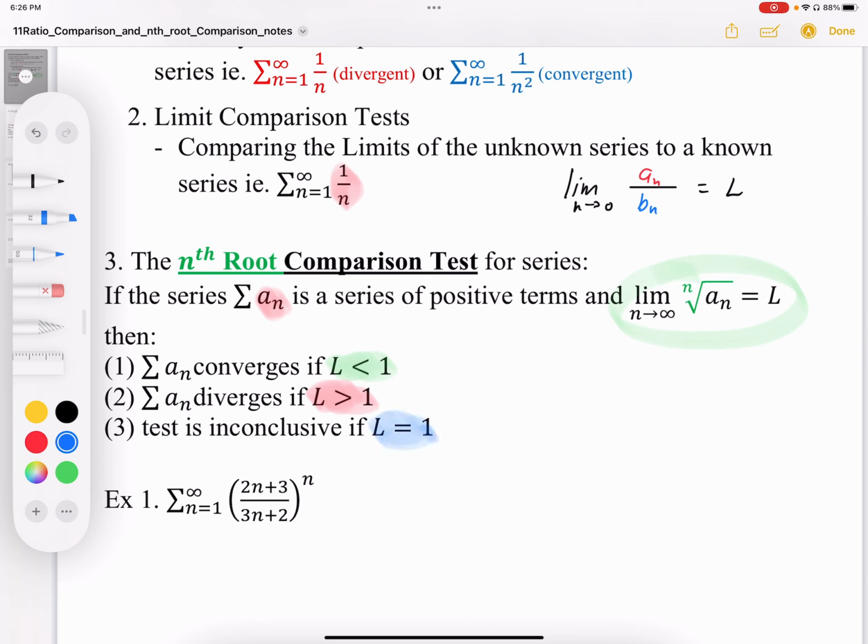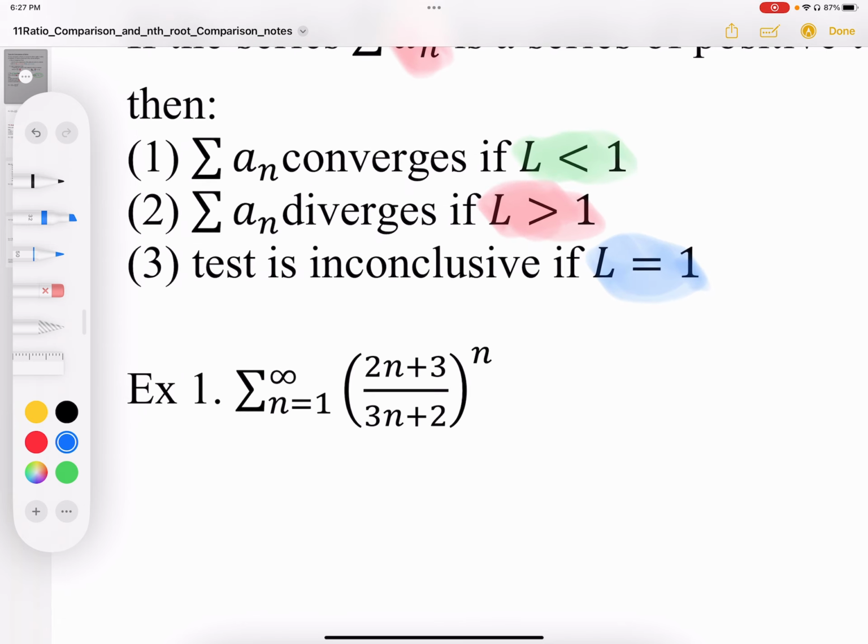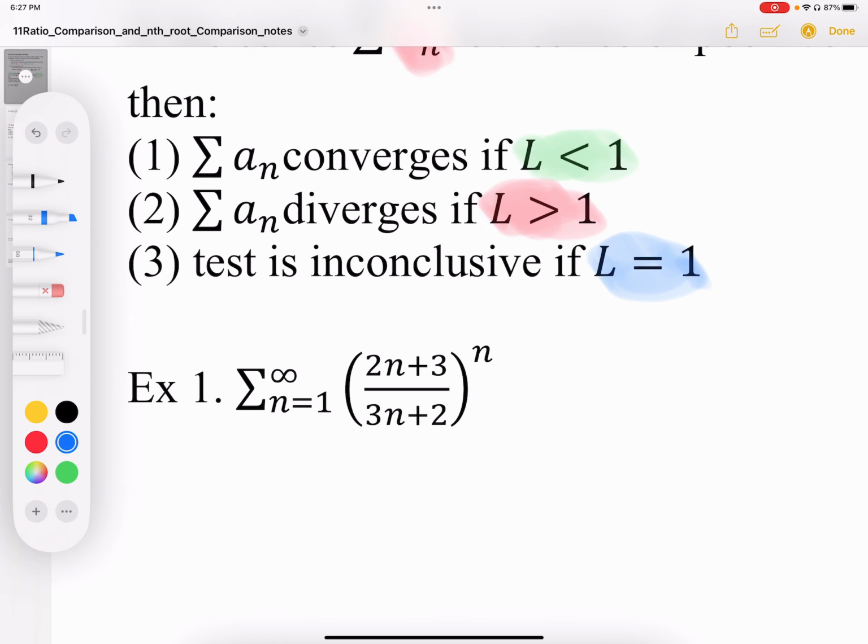Before, when we did a test and had the limit equaling 1 or some limit, that would tell us something. But now, if we have a limit equal to 1, this is inconclusive. So what we're looking for is the limit of this test being less than 1. Where we might want to use this is when we have series that look like this: (2n plus 3 over 3n plus 2) to the power n.